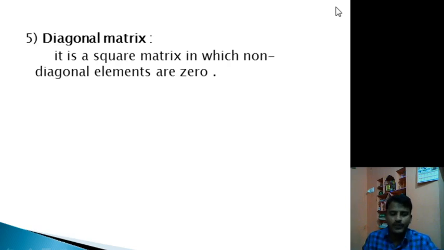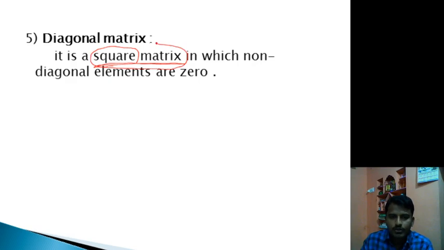Next, the fifth one is the diagonal matrix. It is a square matrix. Remember one thing, now we can take it as a square matrix. Before, in the four types we have taken only a matrix, but here we are taking a square matrix.